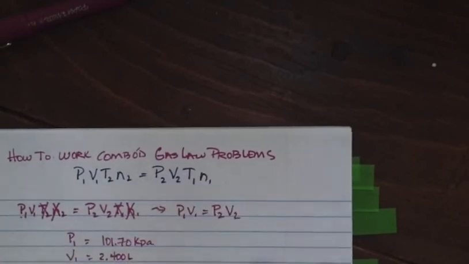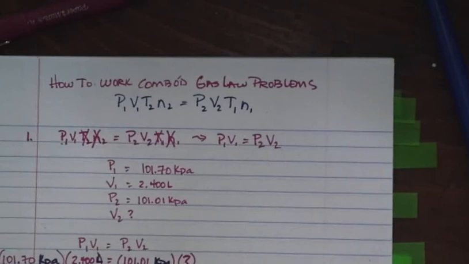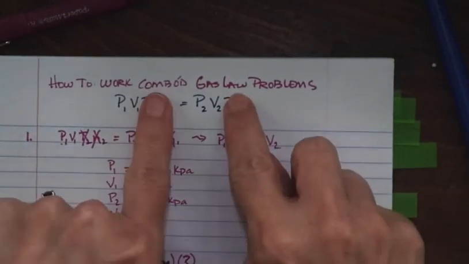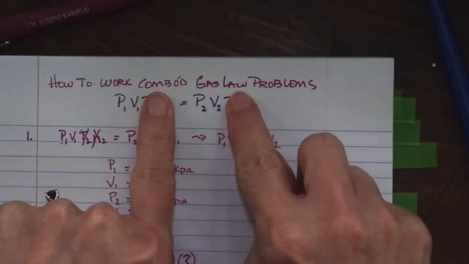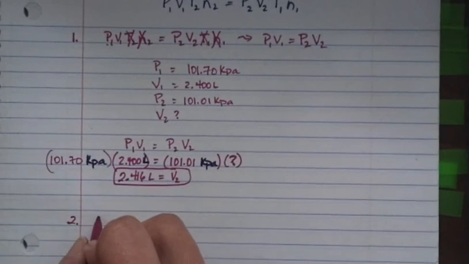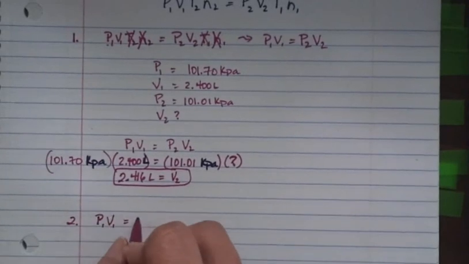When I look at my question on number 2, they didn't say anything at all about number of moles or temperature. So my equation for this is P1 V1 equals P2 V2. So drop down here to number 2, and P1 V1 equals P2 V2.